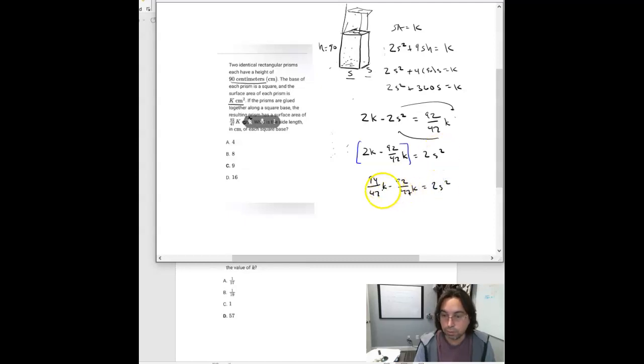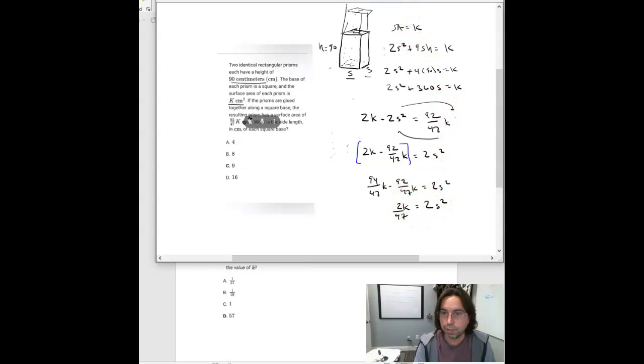And ultimately what I want to get is, sorry, 2 over 47 k equals 2s squared. Now I want to isolate k.